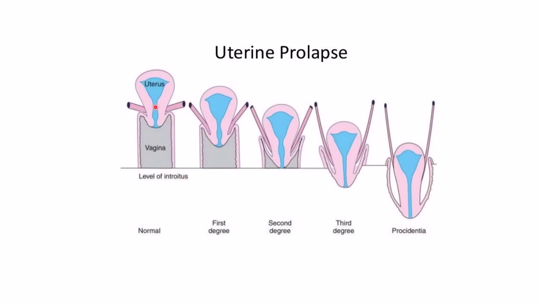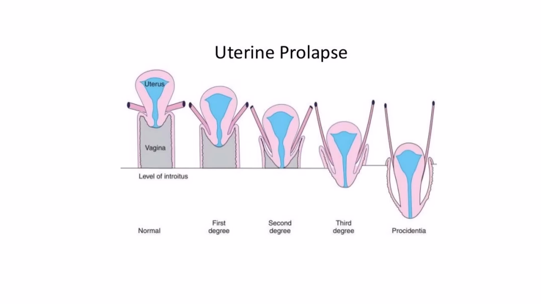So when the uterus prolapses, it goes beyond that, and you can actually see it. I'm not sure which degree Sophie was, but as you can see, it could get pretty extensive. So she needed a hysterectomy.